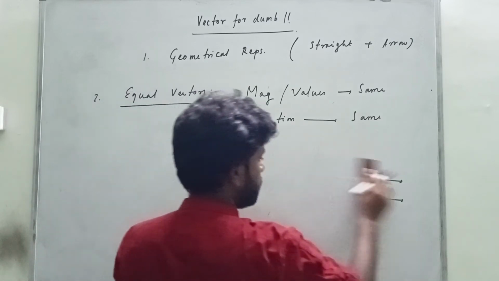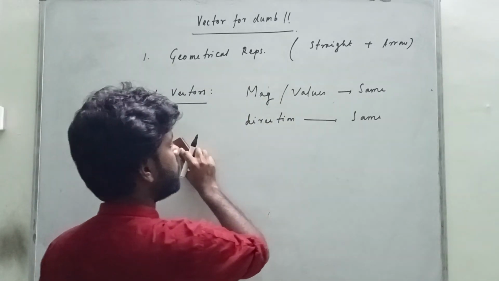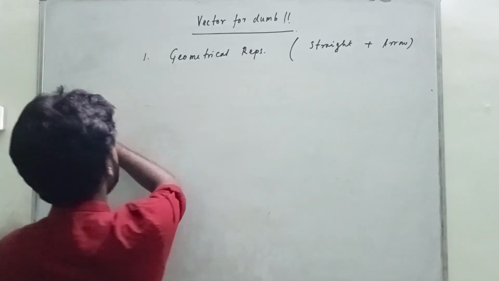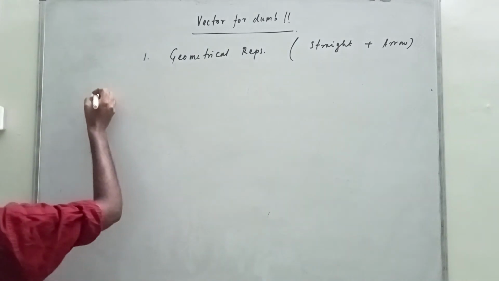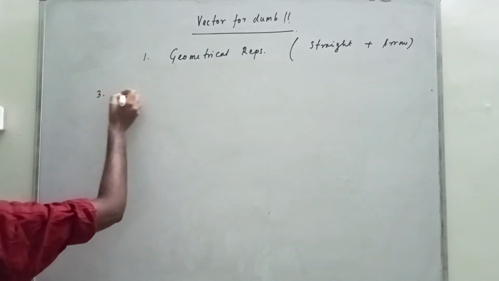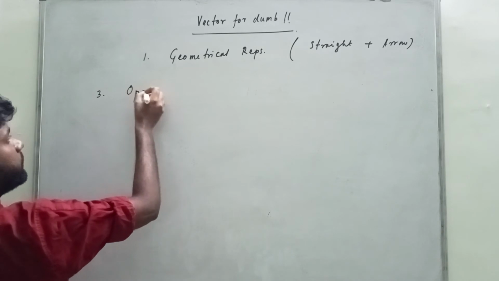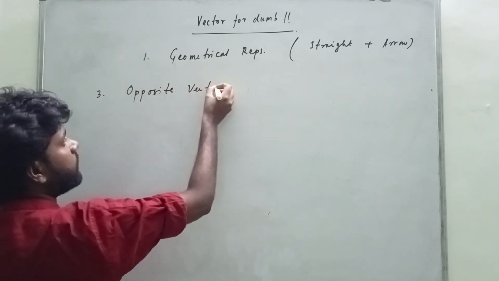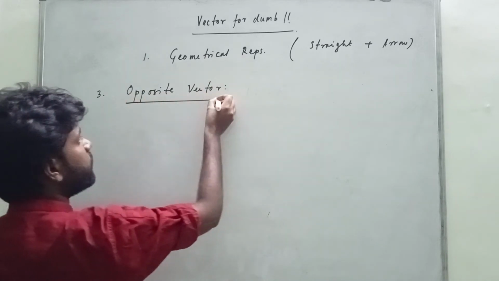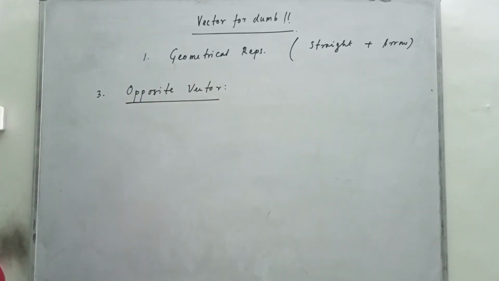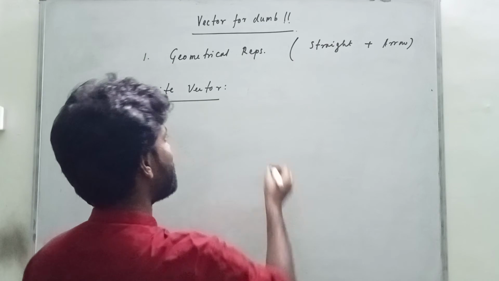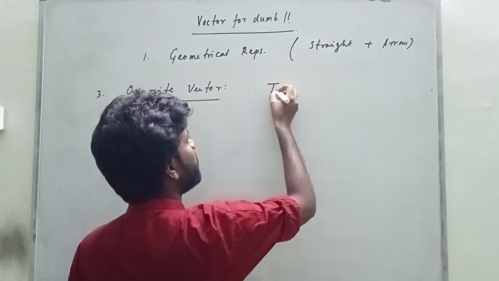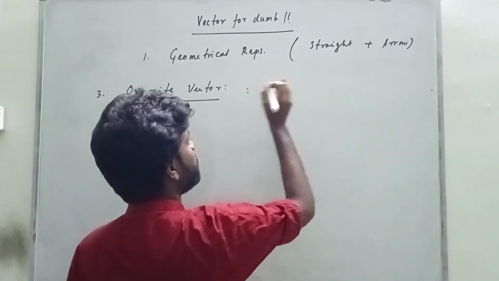Now the third kind of vectors is opposite vectors, right? Number 3, opposite vector. So what is an opposite vector?